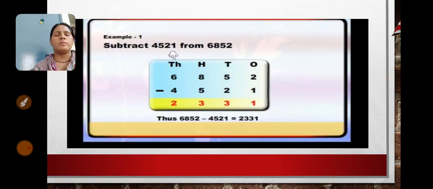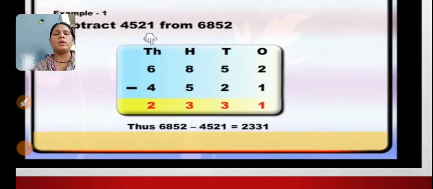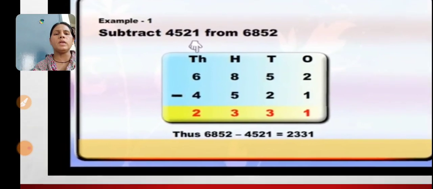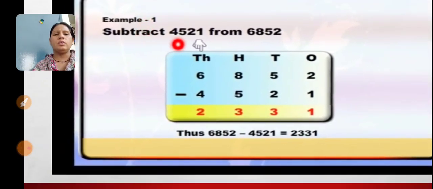Now children, let us have a look at our next example, that is subtract 4521 from 6852. First of all children, we will find which number is greater. Since 6 is greater than 4, that is why this number is the greater number, and the greater number is called minuend.